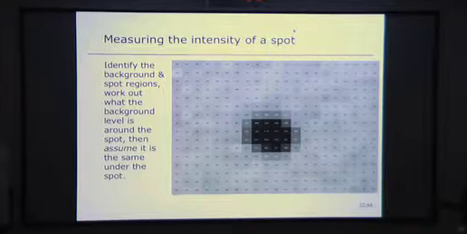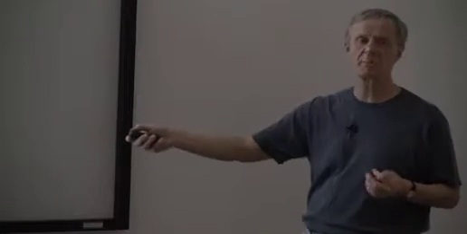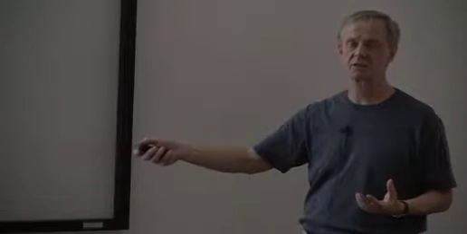Okay. But when you're measuring the intensity of a spot, first of all, you ought to work out where the spot is and where the background is as well. And bear in mind that if you've got background out here and all around here, then you also have background sitting under the spot as well. But you can never measure the background directly that's sitting under a spot.